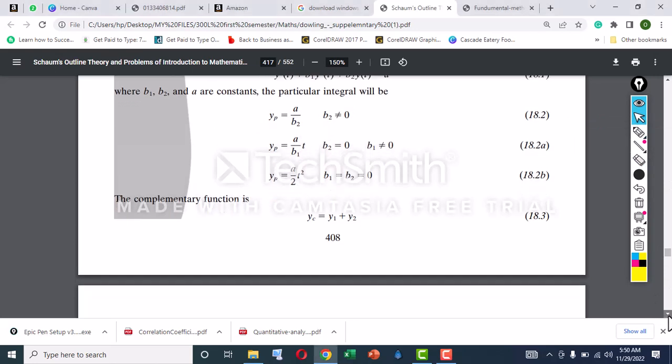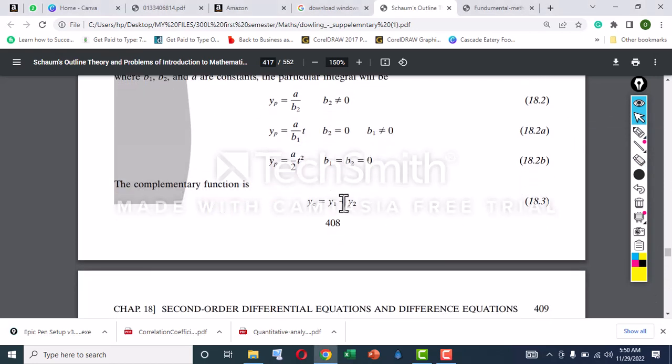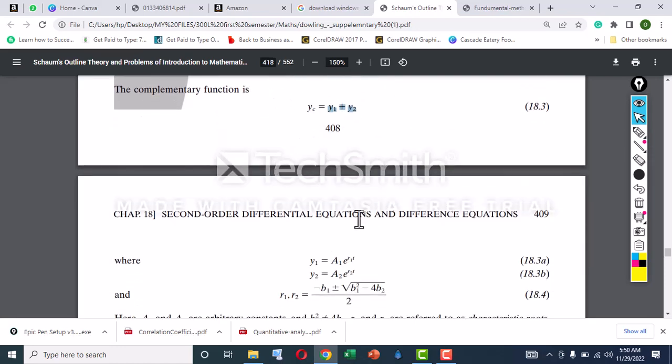To find our complementary function, which is the first part, the left hand side of the equation, the general solution, we actually have it as y equals y1 plus y2. But the question is, what is y1 and y2? We have not been using y1 and y2. Where are they coming from? So y1 and y2 also have their own formula.